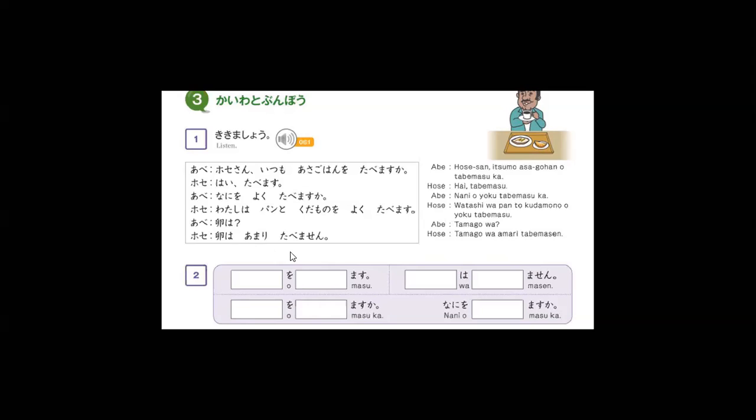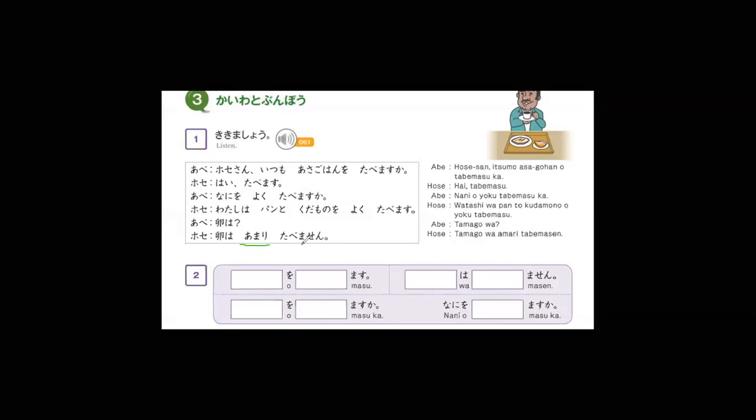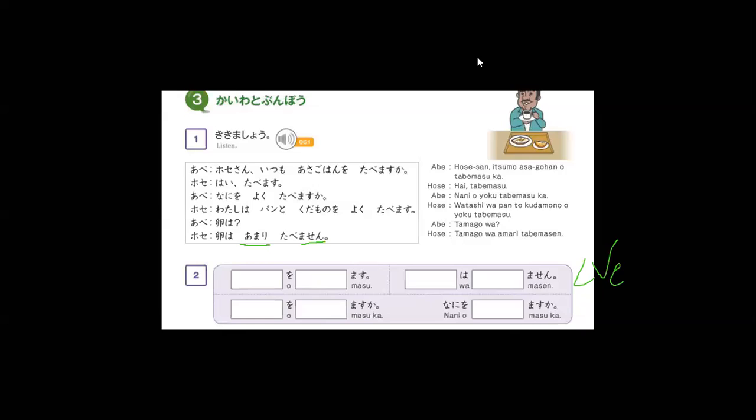I don't usually eat eggs. If あまり meets ません, a negative sentence, it will express not so, not usually, like this.